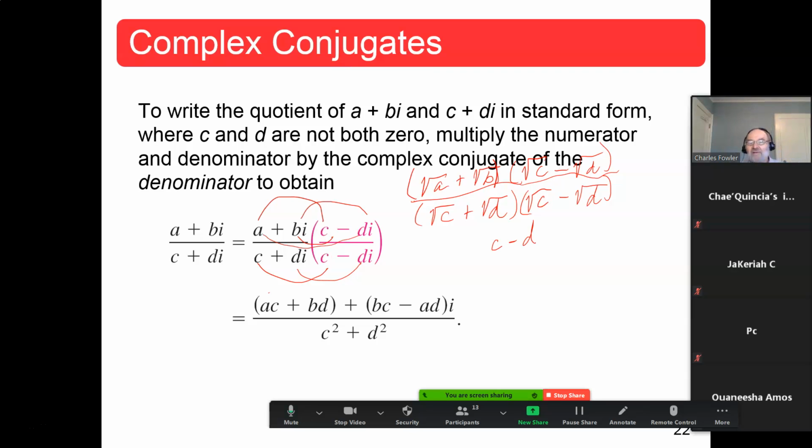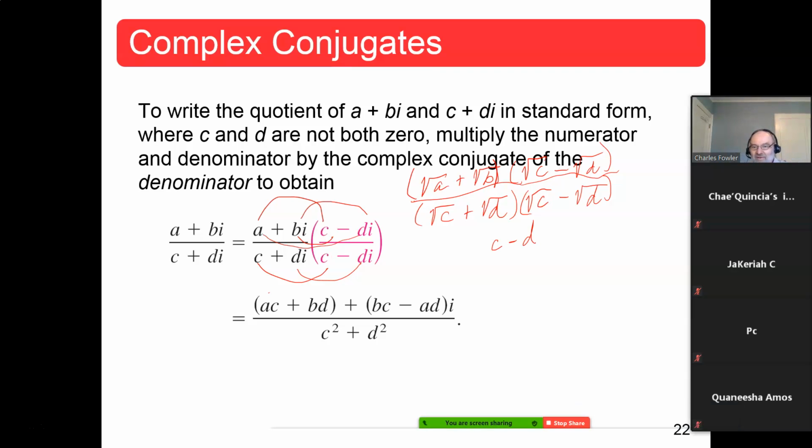So what have we got here? We have a real part over a real part. That's going to be a real part. And what do we have over here? A imaginary part, which has a real component times I over a real component. That's your imaginary part.